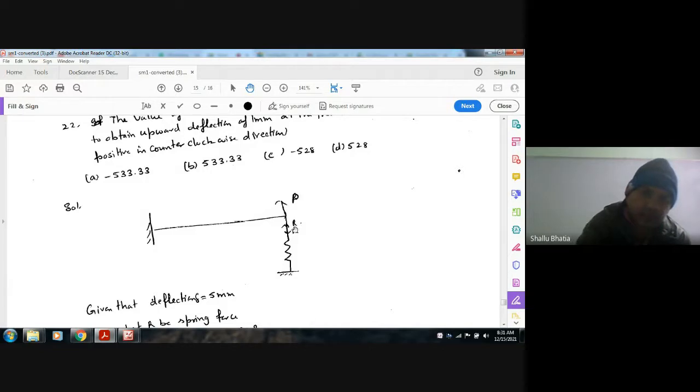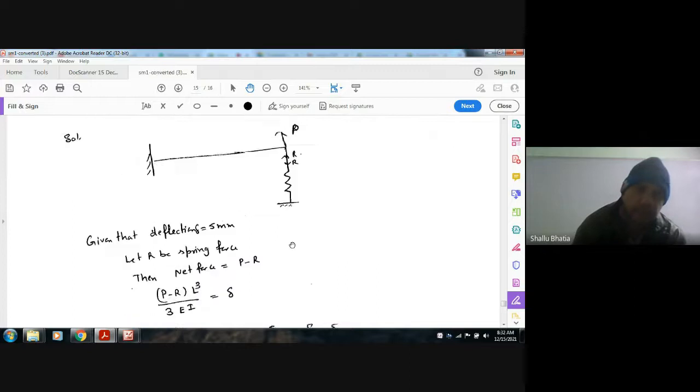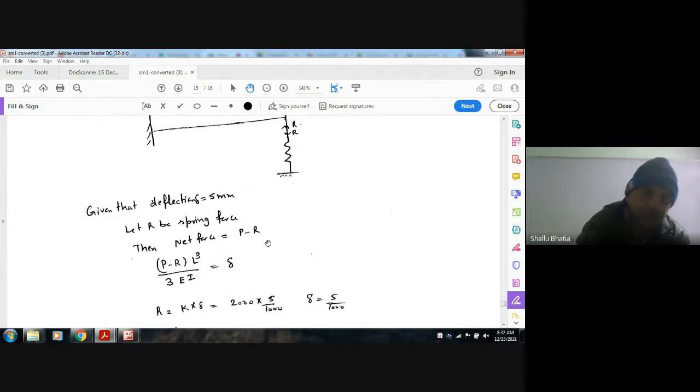So the net load that is used to deflect this beam will be P minus R, because R is used for extension of the spring. So the net force is P minus R. And we can use the formula for a cantilever with point load at the end point, that is PL cubed by 3EI. So that is (P minus R) L cubed by 3EI equals delta.